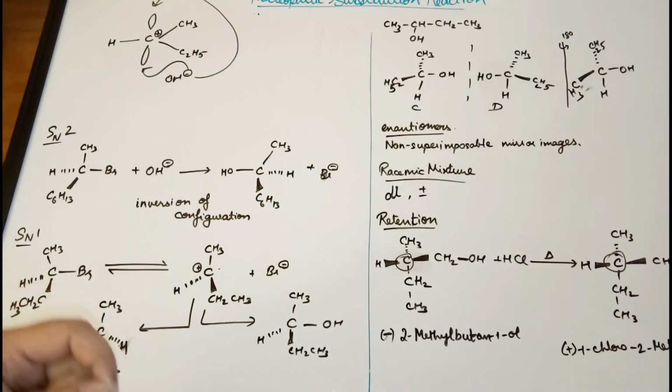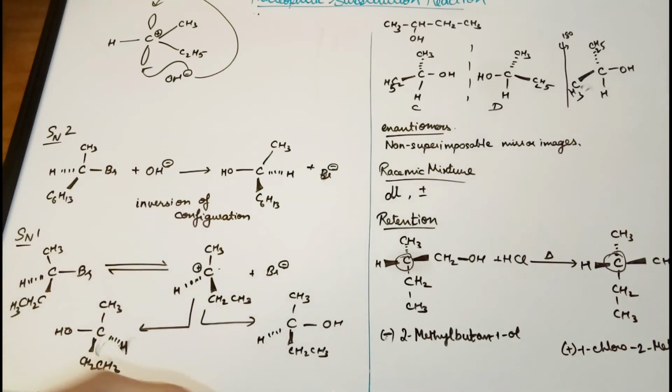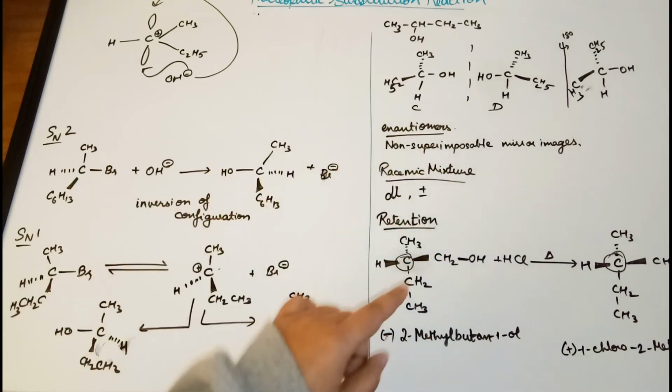Now, optical activity is measured based on the angle to which the plane of the plane polarized light is rotated, and that is done by using a device called a polarimeter. We then moved on to study enantiomers, which are basically non-superimposable mirror images. C and D are enantiomers because they are non-superimposable mirror images.